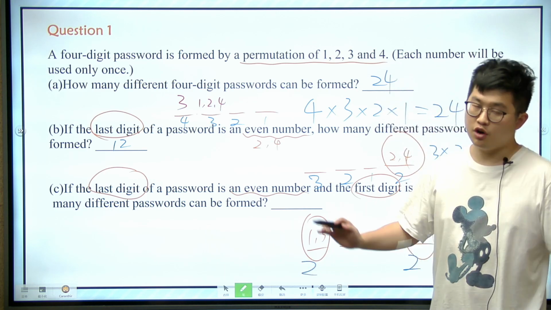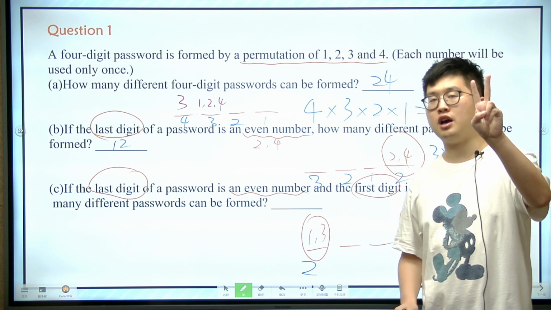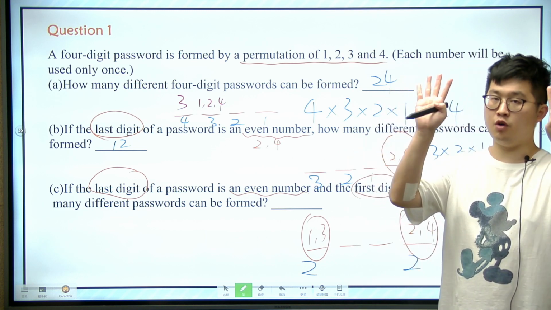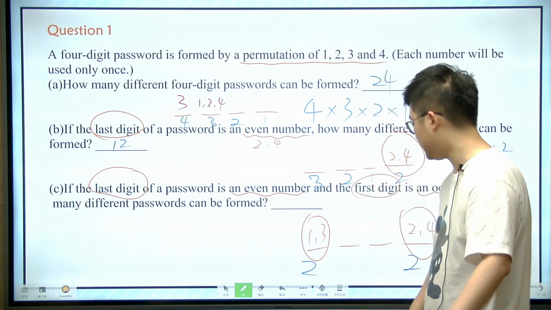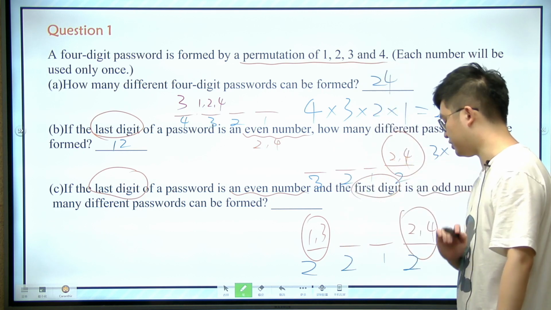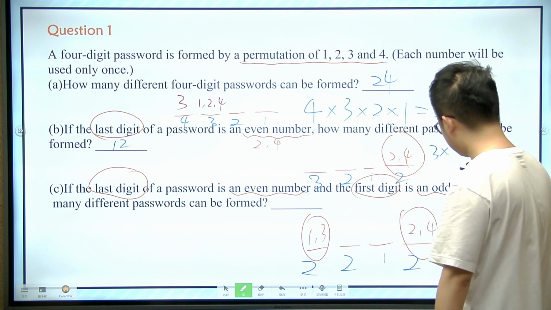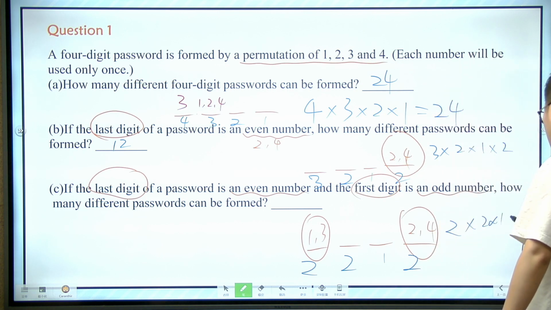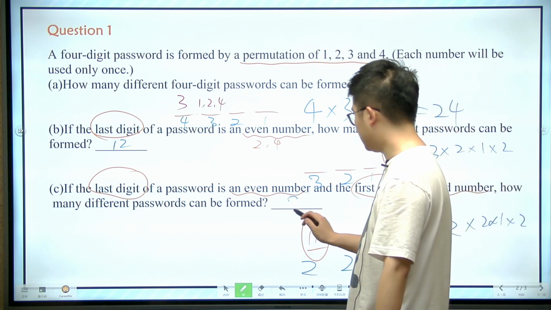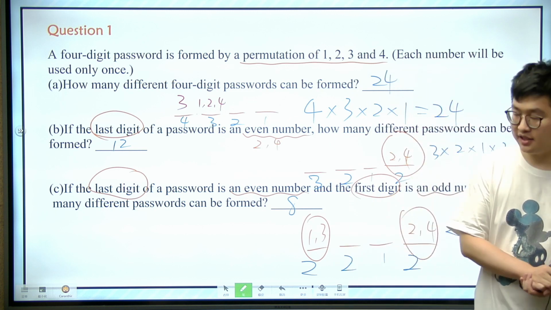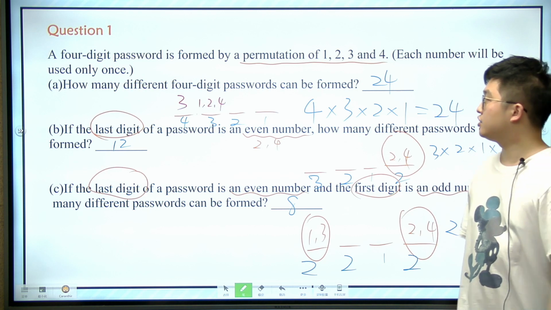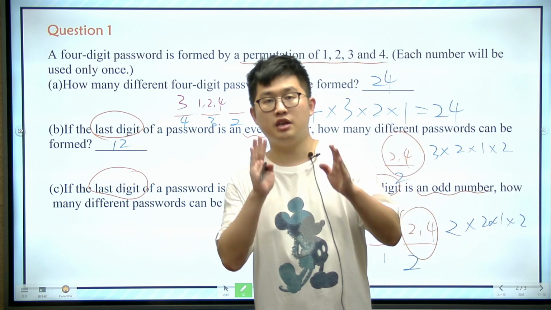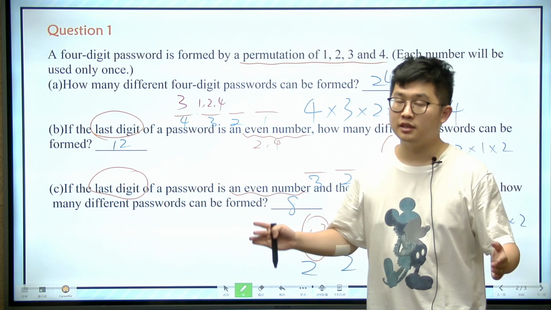Now we've used 2 of the 4 numbers, so only 2 numbers are left: 2 choices here and 1 choice here. So 2 times 2 times 2 times 1 is 8 different passwords. This is the answer and how to solve question number 1.